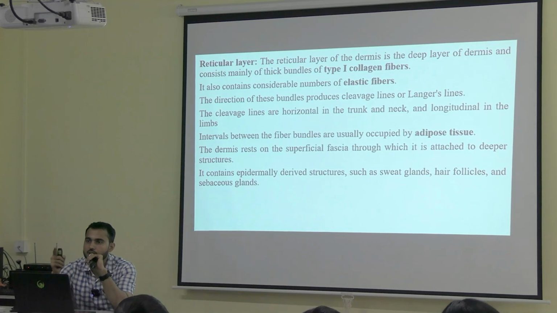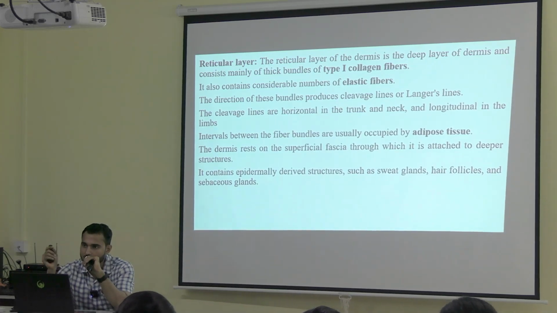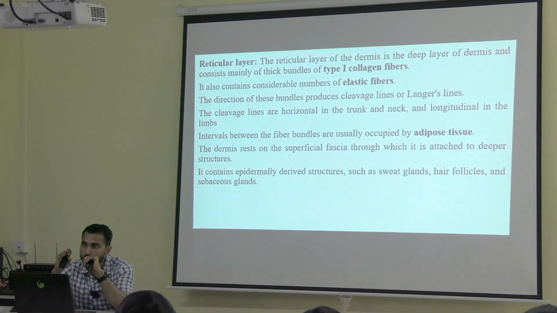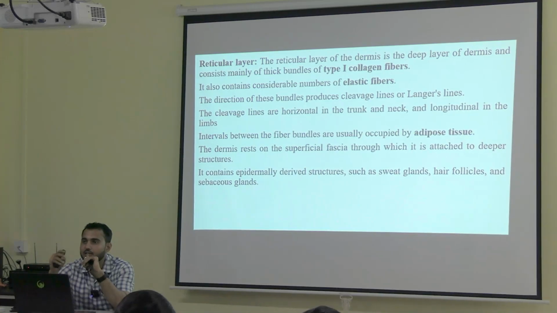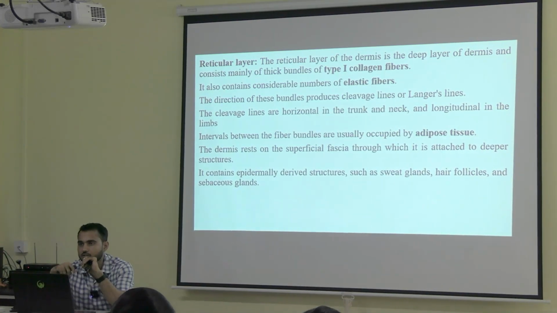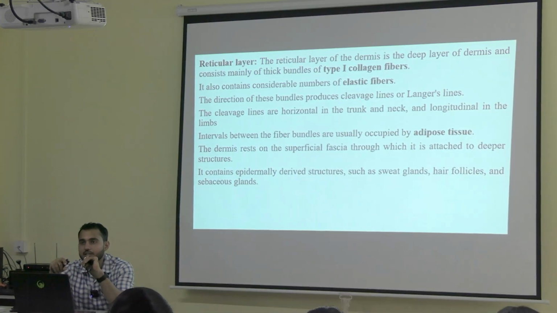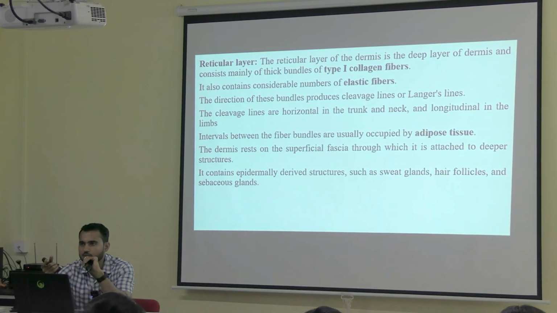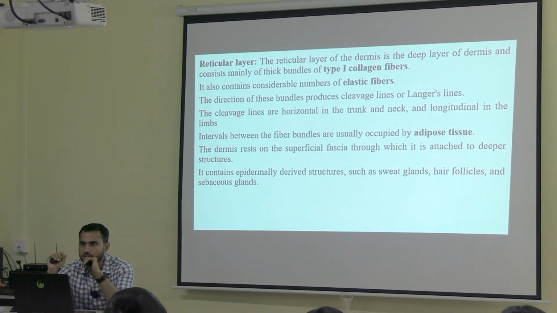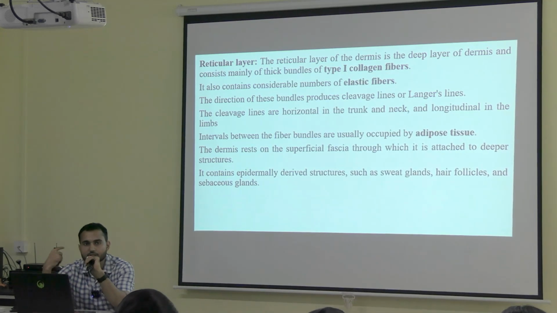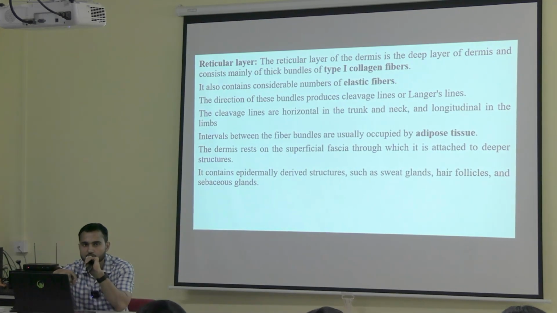That means whenever any surgery is done, the incision is taken parallel to the Langer's line or cleavage line, so that when healing takes place, there will be no scar formation or a very small amount of scar will be formed. That is the clinical significance of this Langer's line.